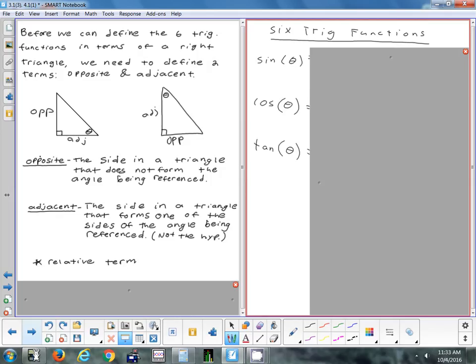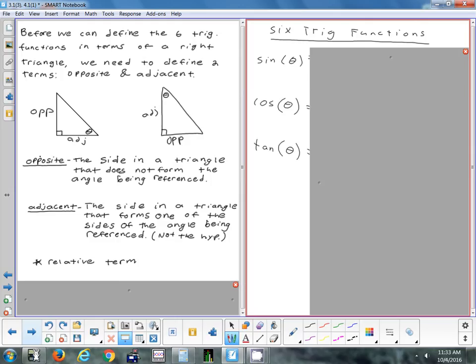It's a fraction, and all of them use the words opposite, adjacent, and hypotenuse. They all use 2 out of 3. Sine is adjacent over hypotenuse? That one's going to be cosine, but we're on the right track. So that one was cosine. So what's sine? Opposite over hypotenuse. Yep, sine is opposite over hypotenuse.